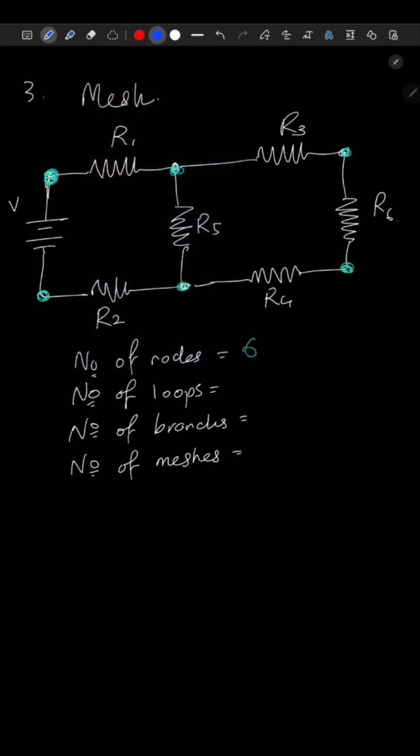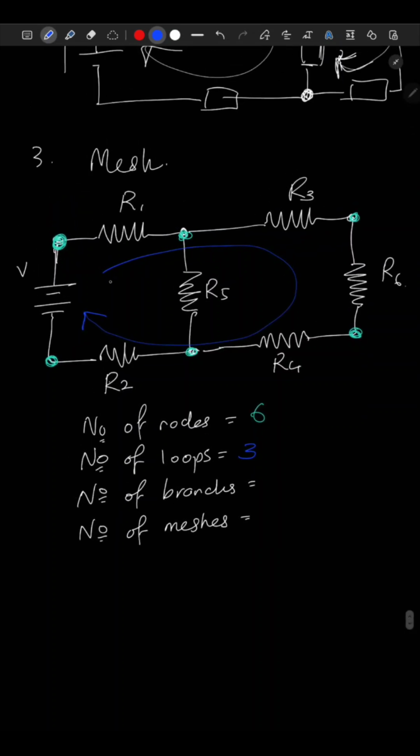And for the loops, there is 1, 2, and the bigger circuit itself is the third one. So this is 3. We have 3 loops in total, taking into consideration the smaller loops, and the bigger one is also a loop. So we have 3 loops.